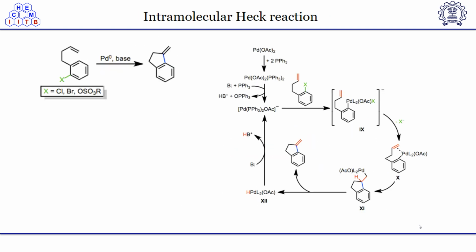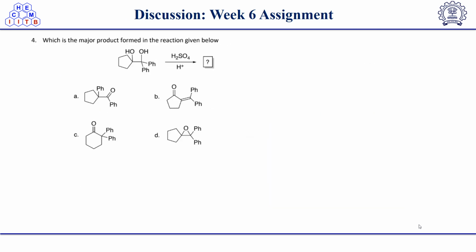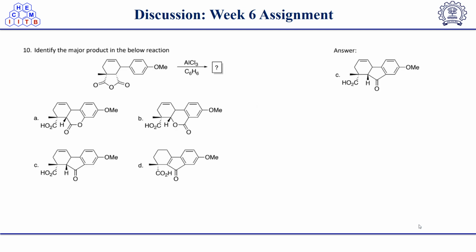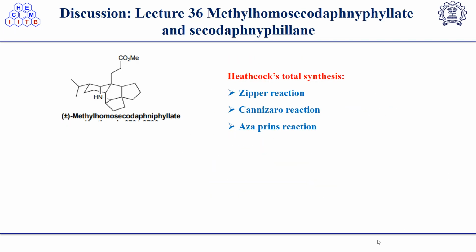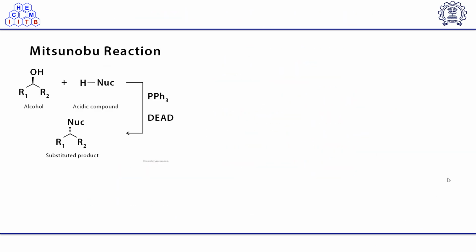These are the alkaloids for which we have seen various total syntheses. Then we have seen the total synthesis of methyl homosecodaphniphyllate and secodaphniphyllate, then lysergic acid, galanthamine, epibatidine.